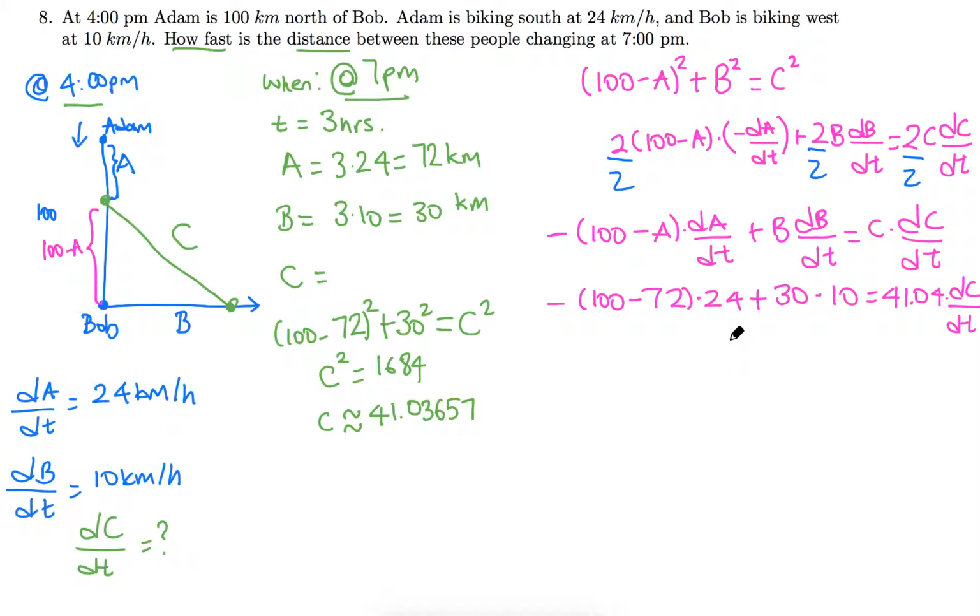And the left hand side should give us negative 372 equals, now I'm just going to write the full length since I have space, 41.03657 dc over dt, and then divide by this number.